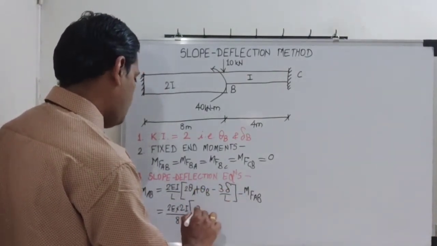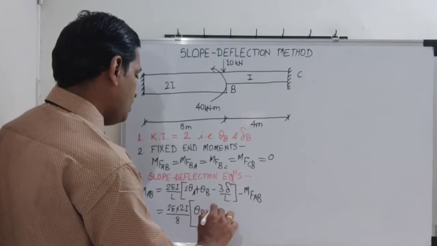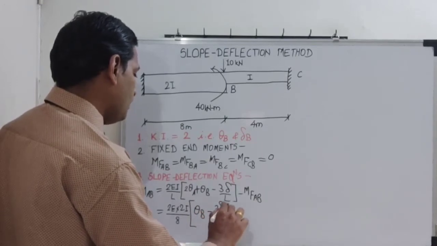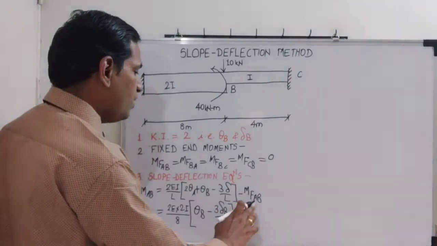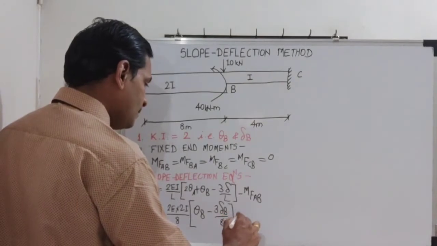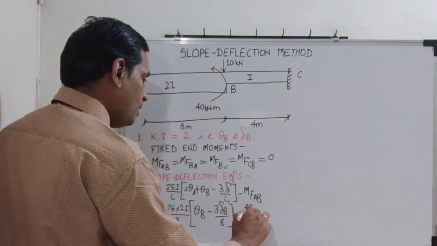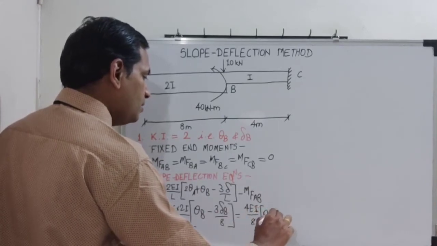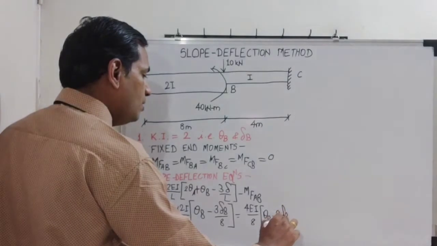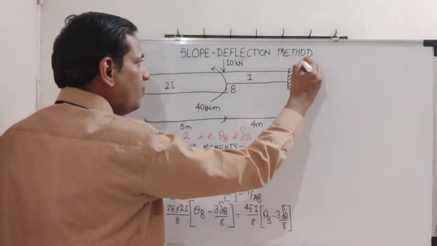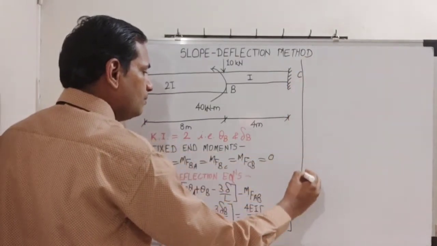So theta B minus 3 delta B upon 8. Do we have any value of MFAB? No, nothing. So simplify this: 4EI upon 8 into bracket theta B minus 3 delta B upon 8. So we have this first equation.